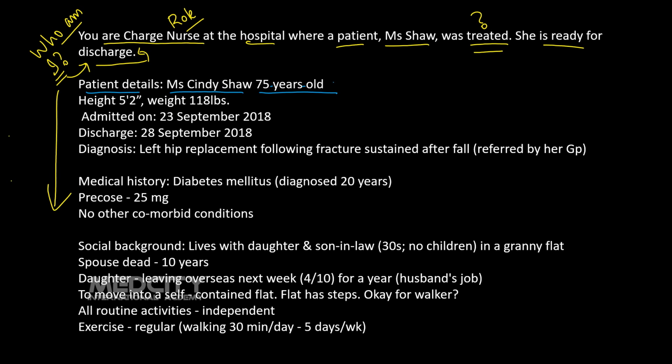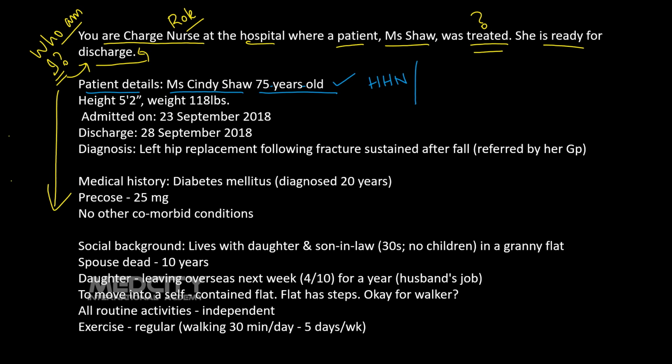So this information will be required by the home health nurse. She would need to know because she has no prior information about the patient. So this is a stranger, okay. Somebody is going to visit her home from now on. So the home health nurse is going to meet Miss Cindy Shaw for the first time.